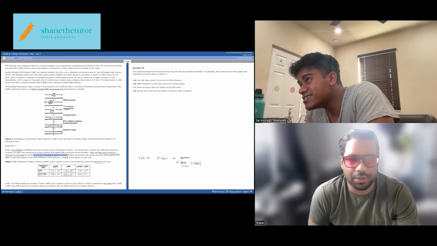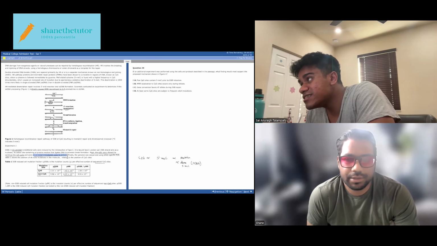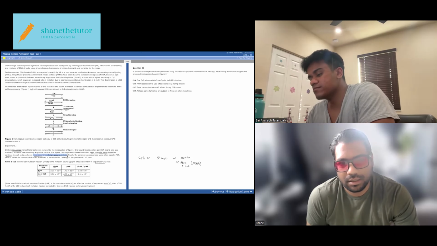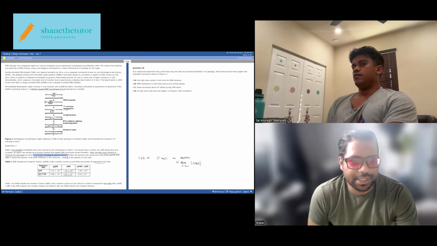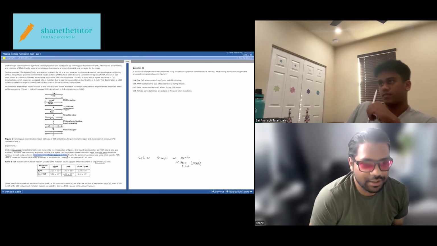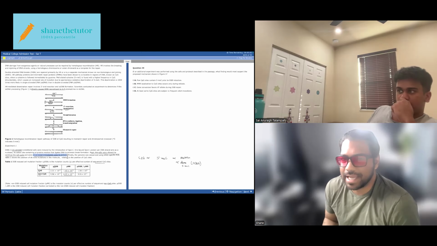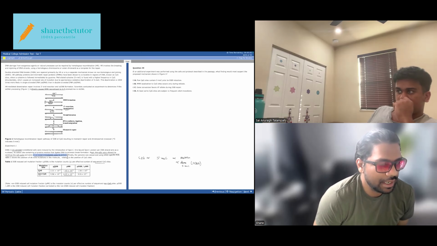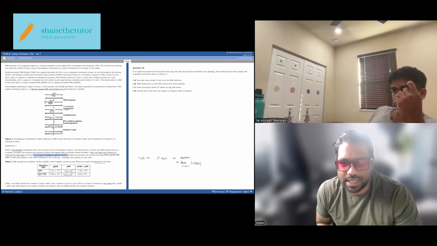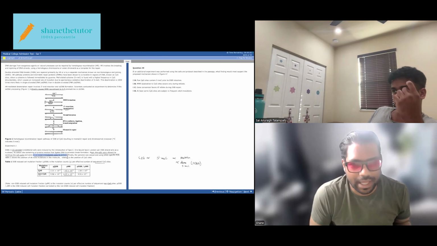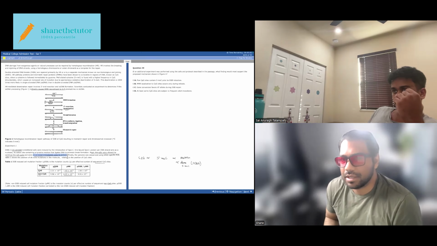Okay, let's see. C is saying that this gene conversion favors AT alleles, but I don't see anything that really says it should favor that type of allele.